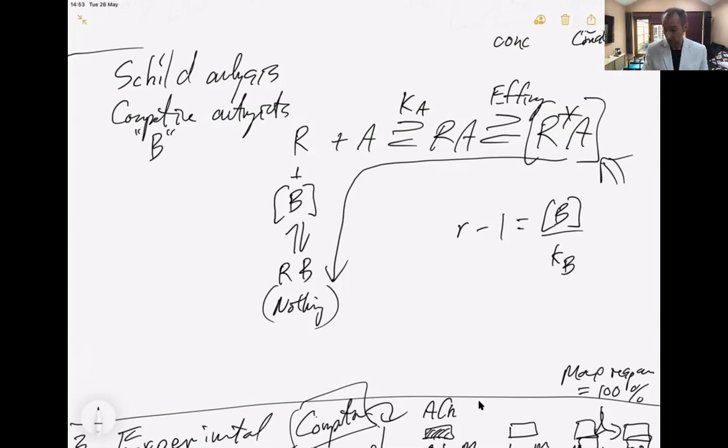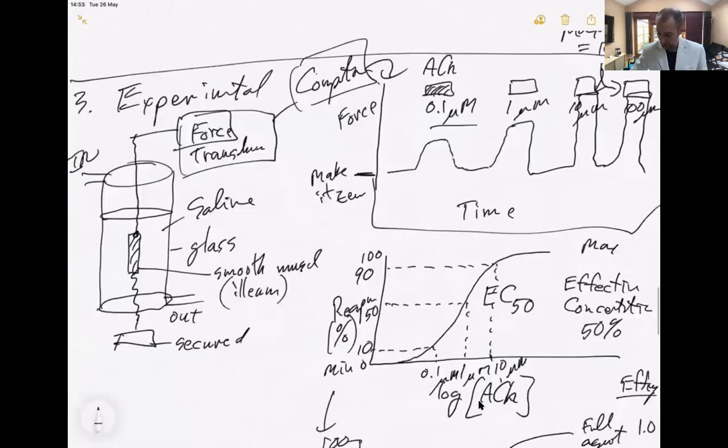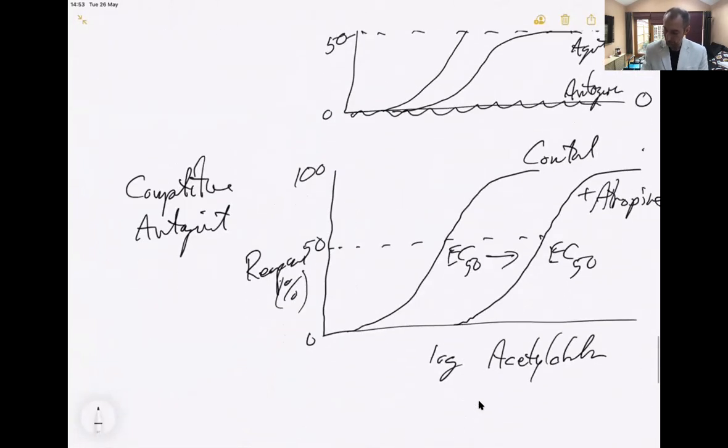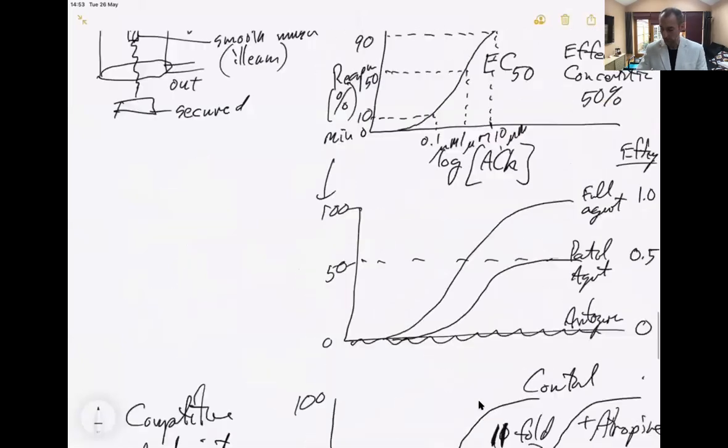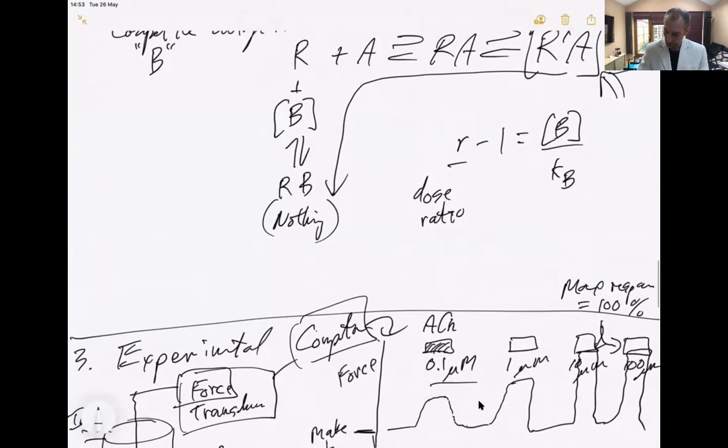Anyway, with this Schild equation, we can relate R, which is the dose ratio, which means, back on this one, if the shift was 10-fold, let's say 11-fold, then we would have R, 11, subtract 1, is equal to B over KB.